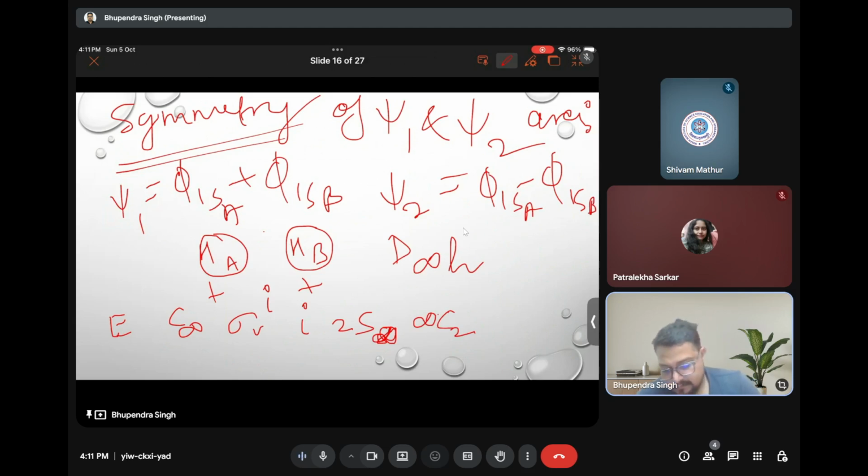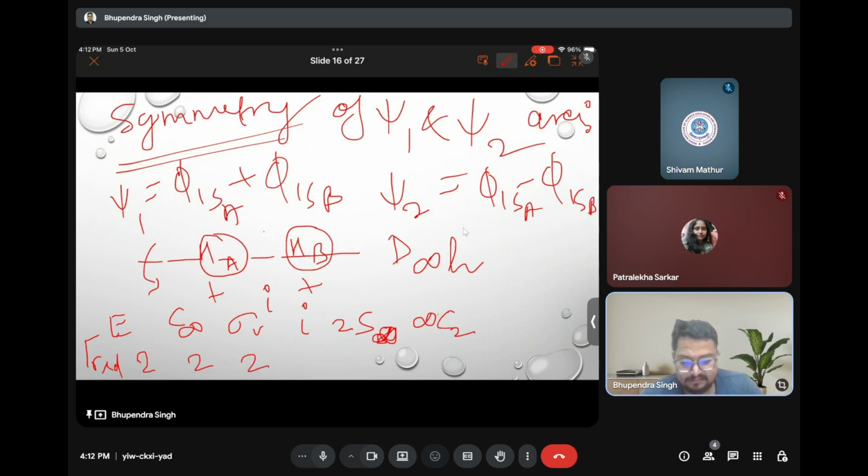If you try to find the reducible representation for this, E will be 2, because it is not changing any of the atoms. For C infinity, both atoms will remain the same.